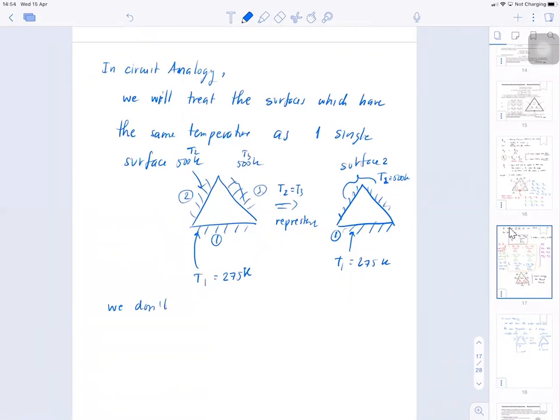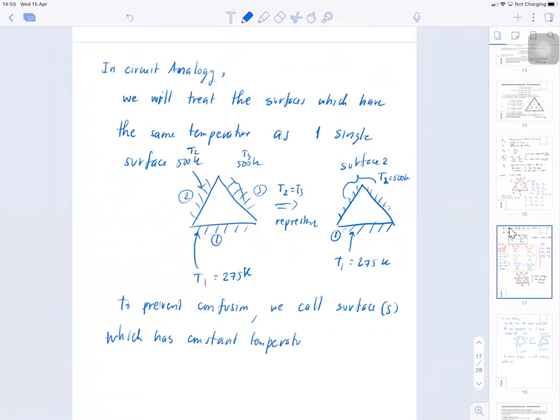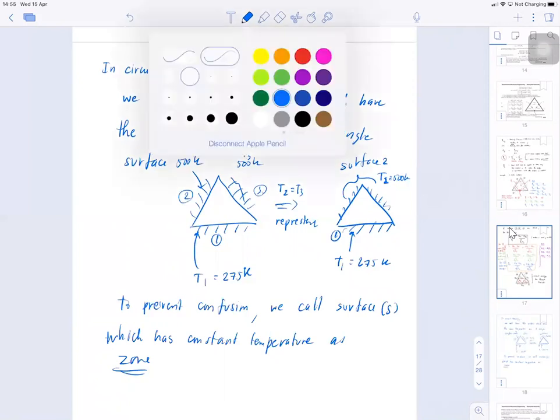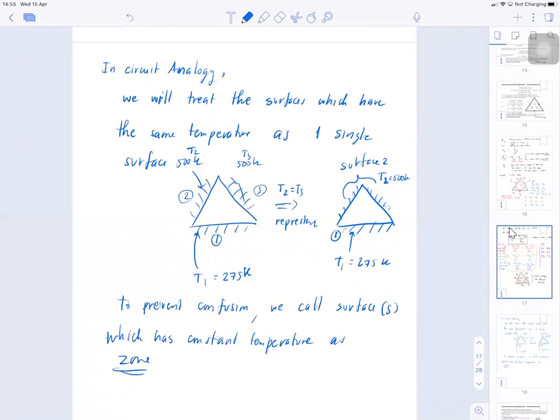Okay, so to prevent confusion, we call a number of surfaces which has a constant temperature a zone. So we're not going to call it surface anymore.